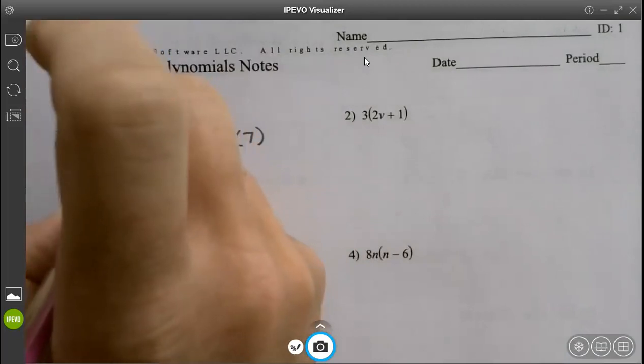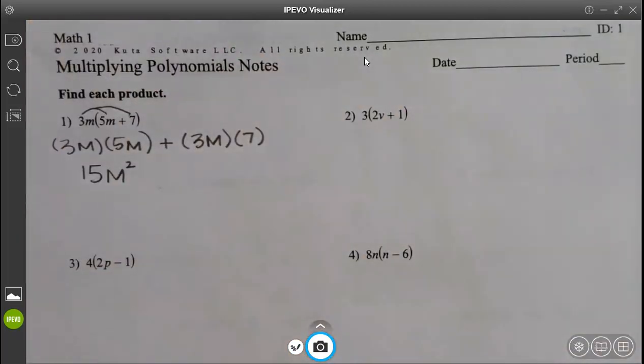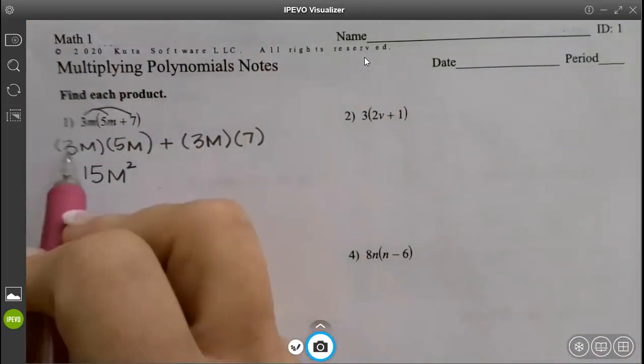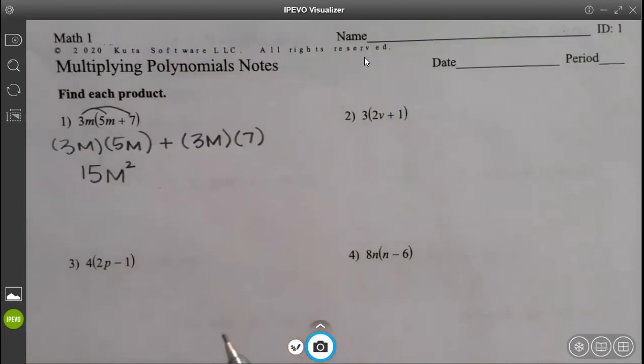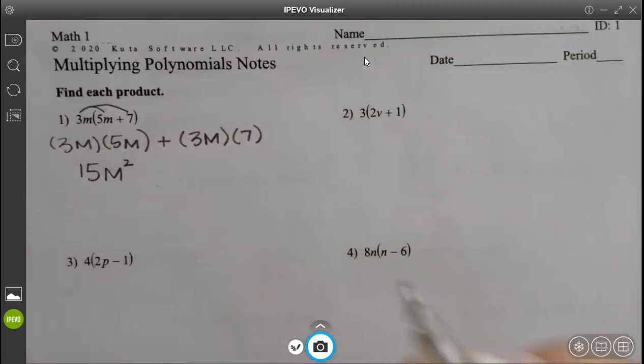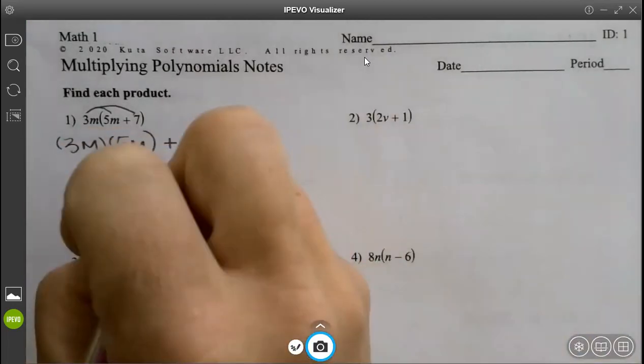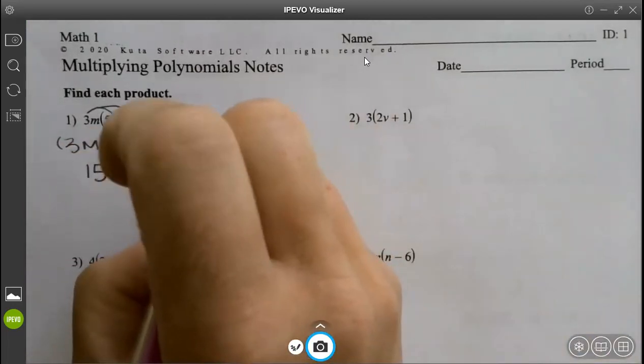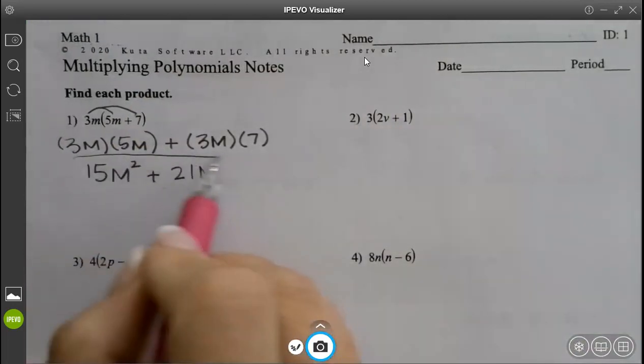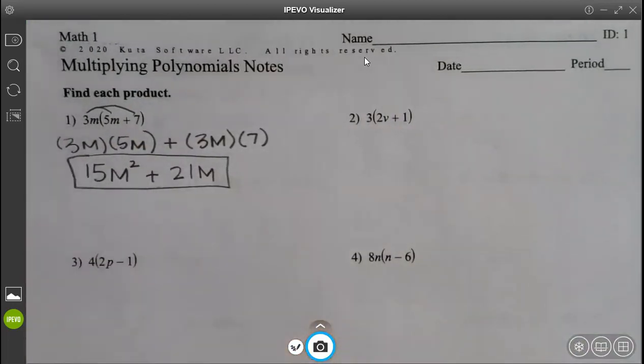And there's a total of 2 m's. So it'll be m squared. So again, 3 times 5 is 15. M times m is m squared. And the next one, 3 times 7 is 21. And there's 1 m between them. That's all you do.